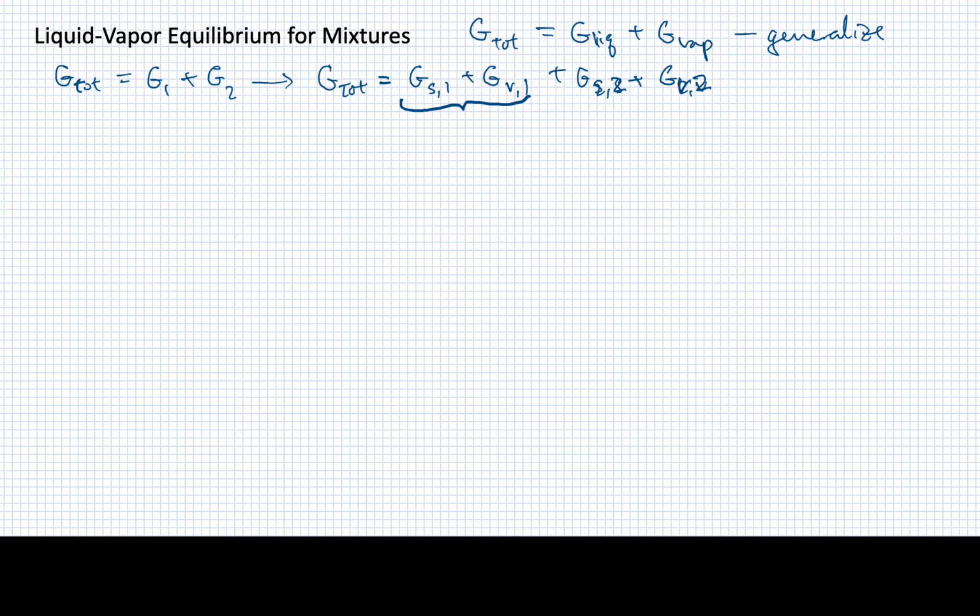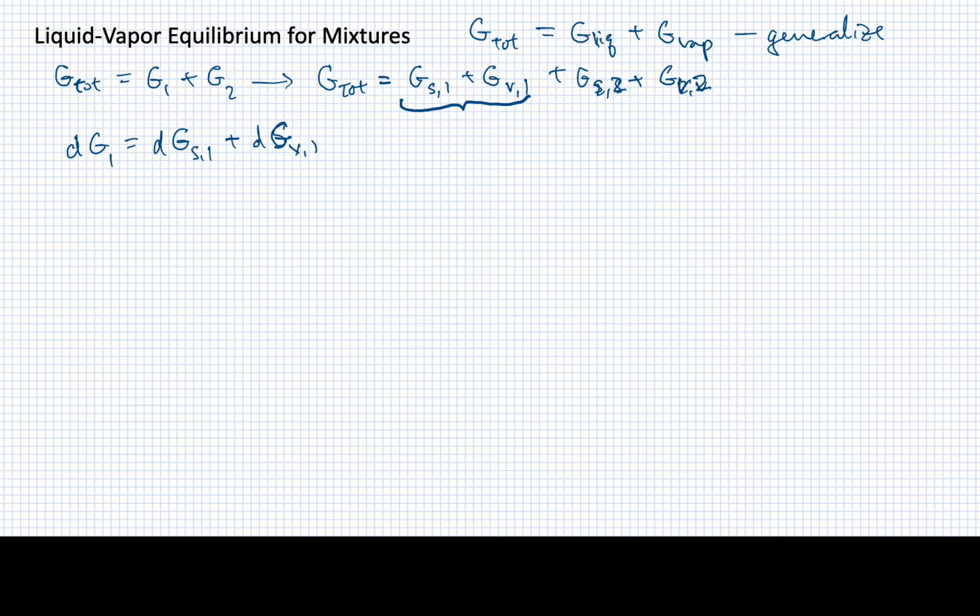Okay, so for component 1, what can I write? Well, I can write that component 1 has a change of Gibbs energy. So I'm going to now convert all these things to changes. It'll be a change in the solution part plus a change in the vapor part. So something like this.